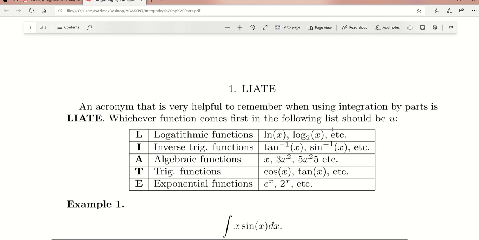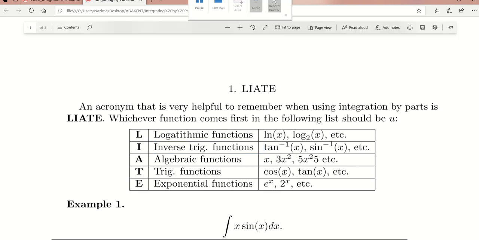These are ln functions. If there is any function like this, we say it is u. If we don't have logarithmic functions, the next thing that we look for is inverse trigonometric functions.